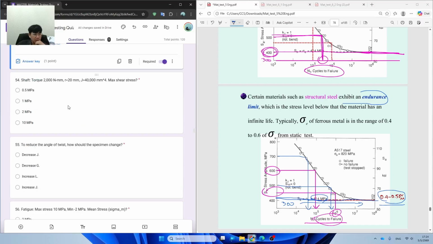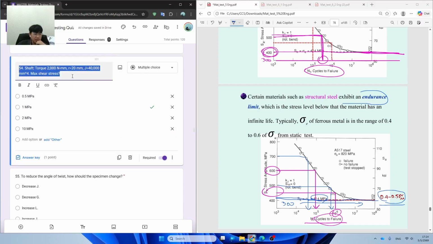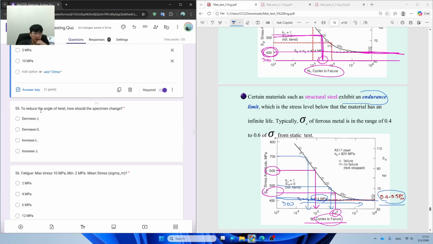And for the torque, where we would like to find the maximum shear, we can just calculate it easily by using Tr over J. J is the polar moment of inertia, and we're going to get it equal to 1 megapascal.